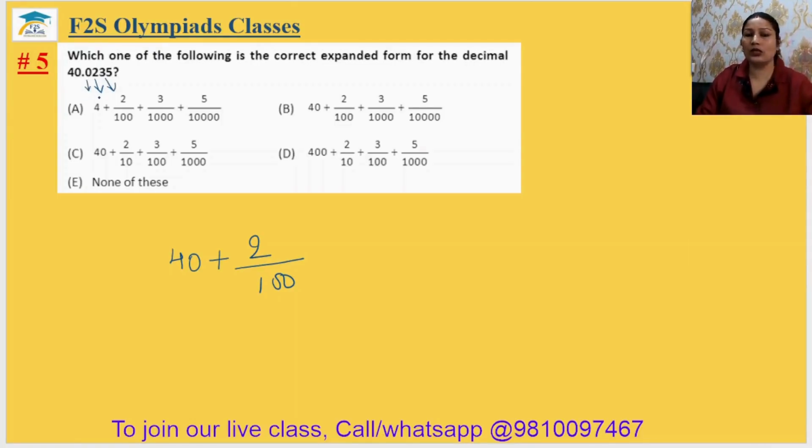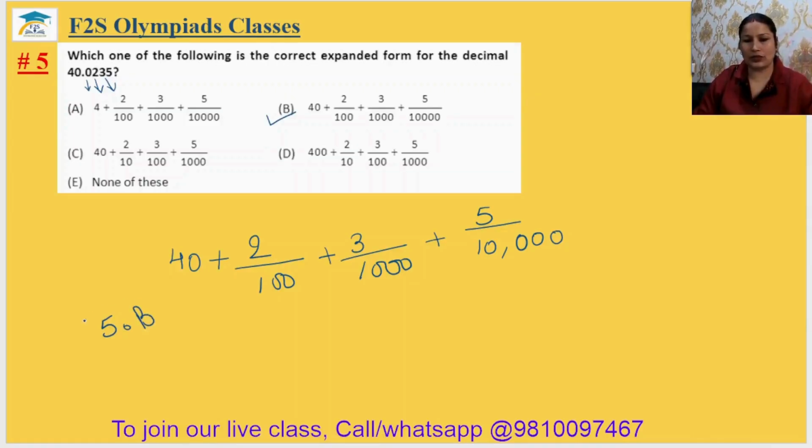So we don't need to write 0. That's why 2 by 100 plus 3 is at the 1000th place, so it will be 3 by 1000, and 5 is at the 10,000th place. So that's why it will be 5 upon 10,000. It is in option B. The fifth answer will be option B.